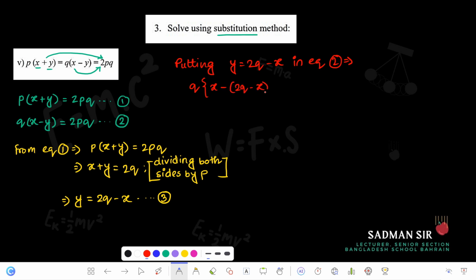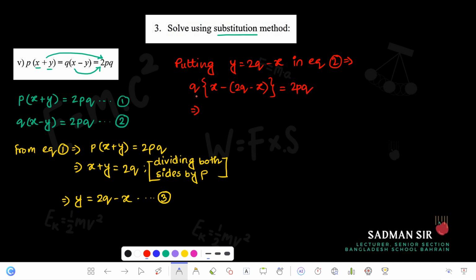I had to keep this inside the bracket, and that is why I had to use a second bracket here. Now why is it important to keep this within the bracket? Because when we lift the bracket, due to this minus, this will be plus. Okay, that is why it is important to use the bracket. Please be careful, especially when there is minus. Okay, if it is plus, then there is no issue. For plus, the sign inside the bracket does not change. It will be equal to 2pq.